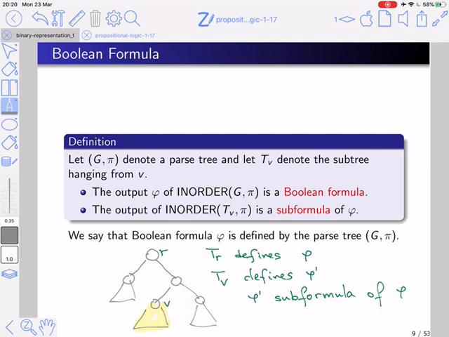So in this depiction, we have a parse tree. If we apply the in-order traversal to the whole tree, we get the formula phi. If we apply the in-order traversal to the rooted tree hanging from V, this is marked in yellow here, then we get the formula phi prime, which is a subformula of phi.